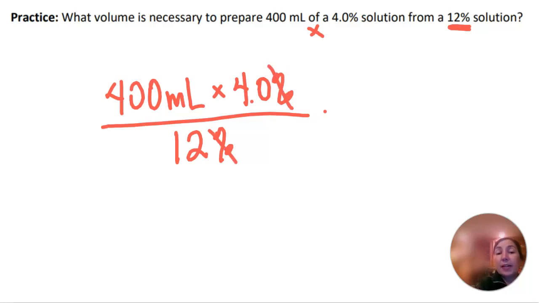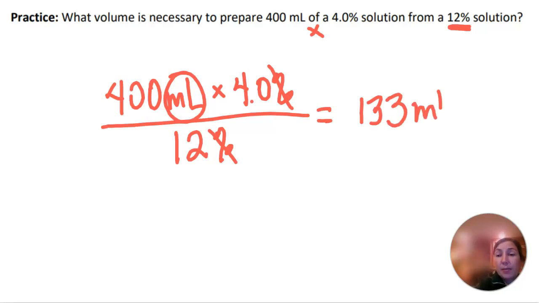So that's going to cancel in percentage terms, and I will have a volume unit. And so I will get 133 milliliters.